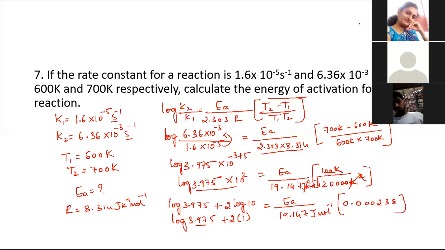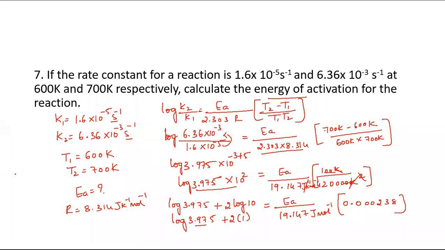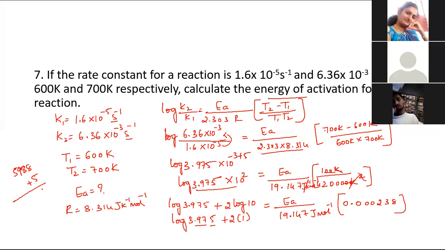So 39 at 7 is 5988. Okay, you were saying the answer 5988, Subramanya. Okay, correct. So 39 at 7 is 5988 and the mean difference last digit is 5. Look at the mean difference, it is 5. So let me add this 5 here.